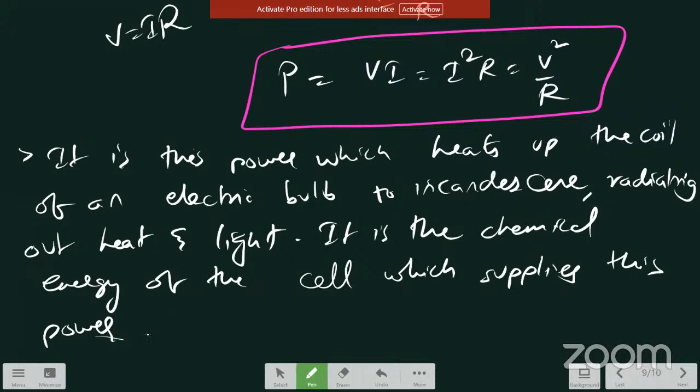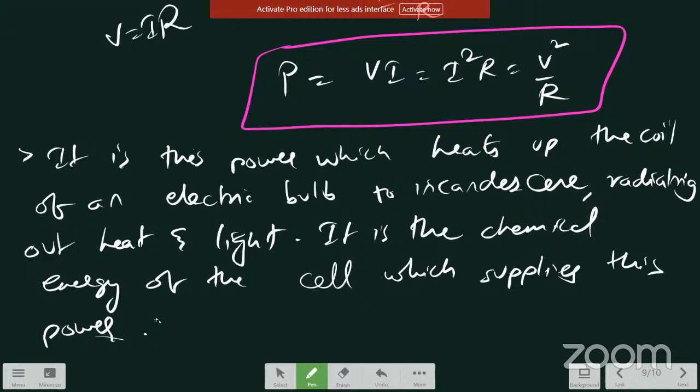We know that a battery will supply some energy. If you use a battery for a long time, it will get drained out. That means the battery has some chemical energy that is supplied to any electrical resistance, let us say a bulb or something else.